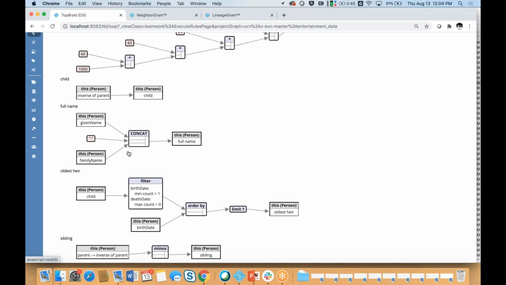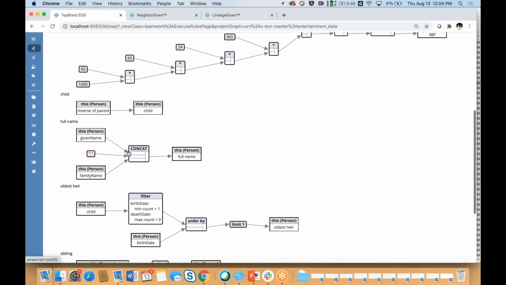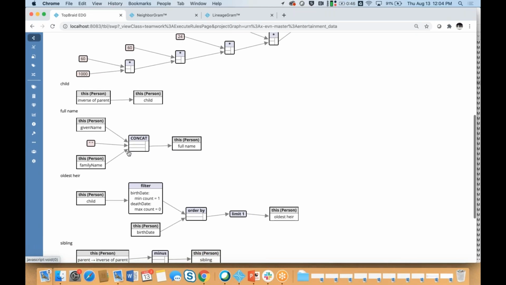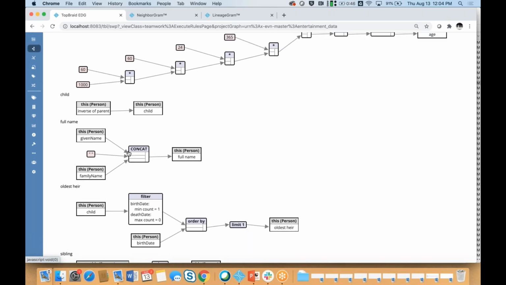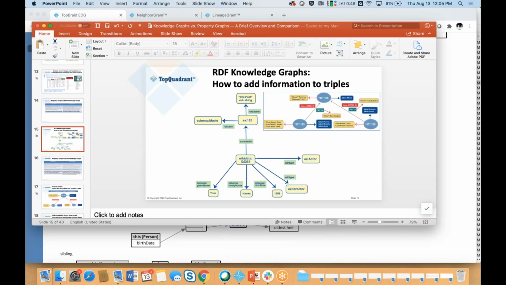So the full name is now available to the application and is queryable as if it was stored in the graph. It could also be stored in the graph by materializing this rule, or it could be dynamically calculated. So when you change the first name and last name, the calculation happens. It's a pretty trivial example, but nevertheless demonstrates the capability.